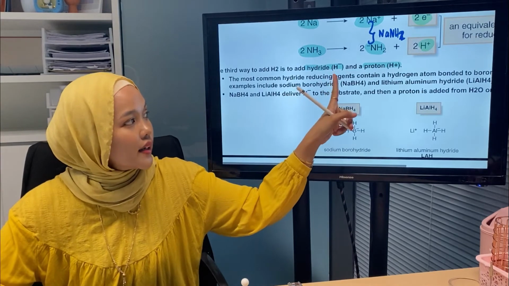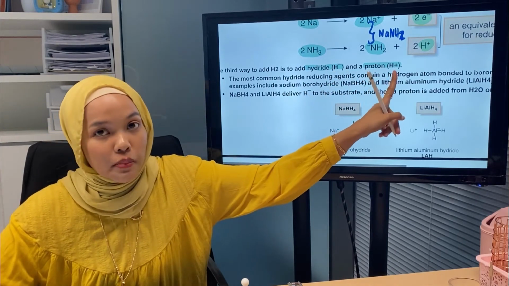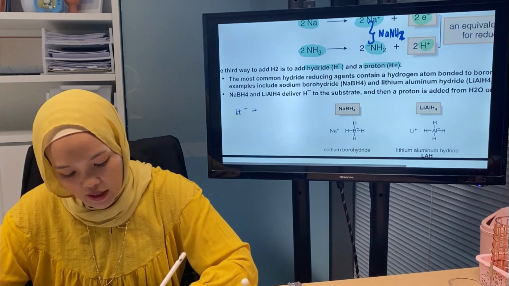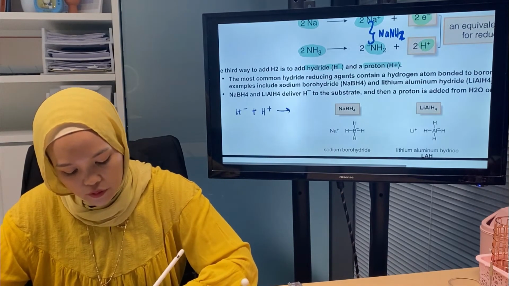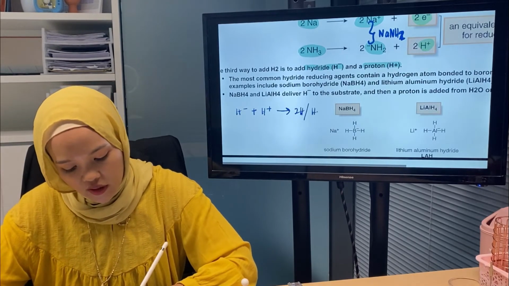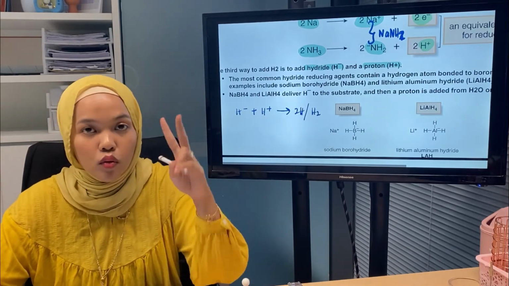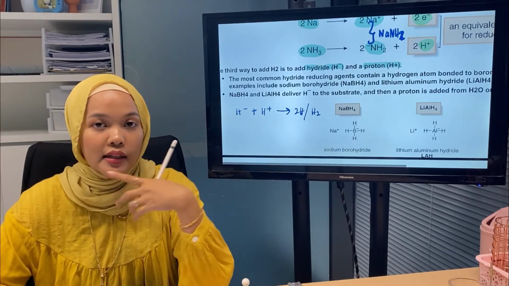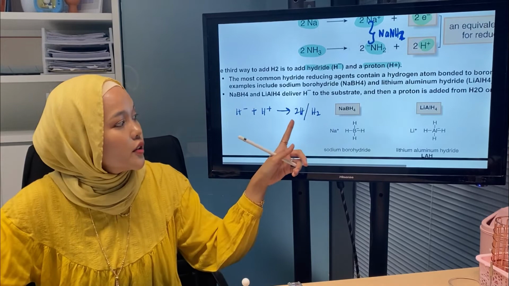If you add H minus with H plus, what will happen? H minus plus H plus will produce 2 hydrogen, or it will become H2. So this is equivalent to 2 hydrogen atoms you want to add on each carbon. That's why this is another type of reducing agent.